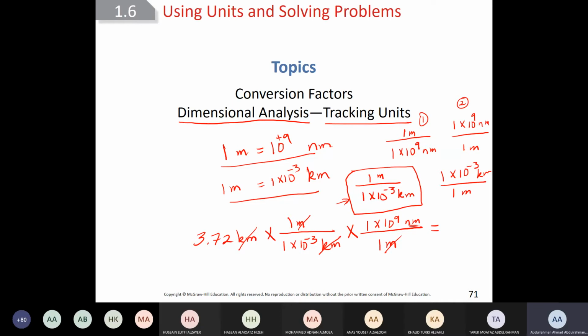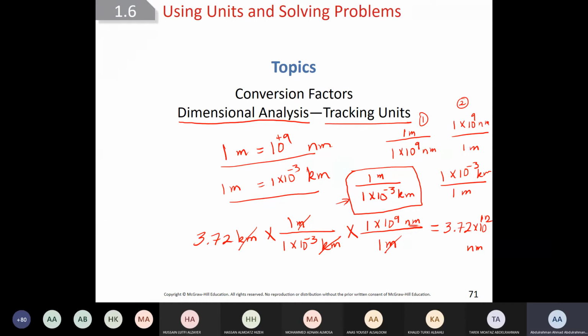Tell me what's the answer now, which is going to be 3.72 times 10 to the power, what? Plus 12, yeah. 12 nanometer. Yes. This is called conversion factor.